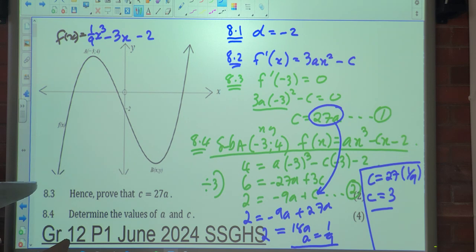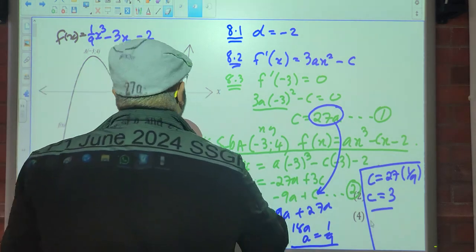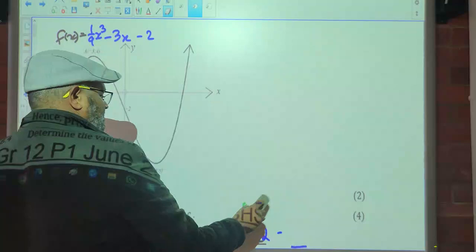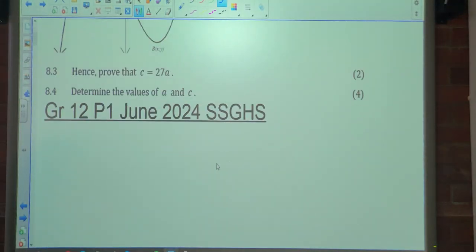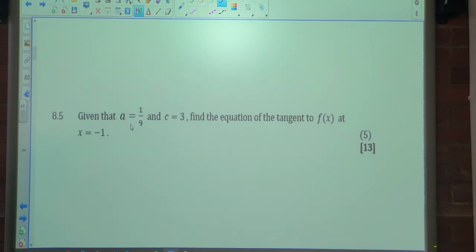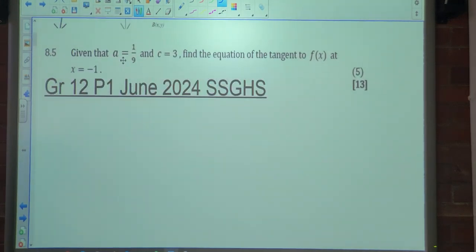So my equation now reads 1 over 9 x cubed minus 3x minus 2. Is that correct? Right, 1.5.